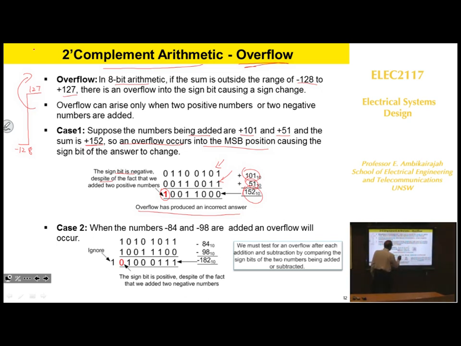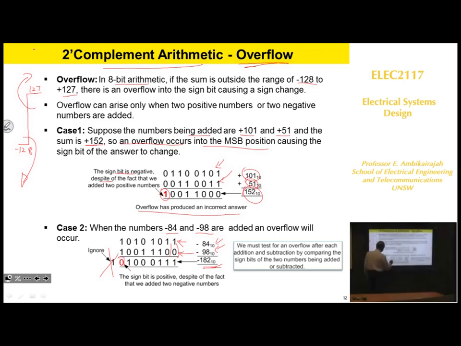Now you take two negative numbers, minus 84 and minus 98, and you add them in decimal. We know it's minus 182. Minus 182 is outside the range, so that's also overflow. So let's write down minus 84 and minus 98 and add them in the normal addition technique. You ignore the ninth column; in 2's complement, you don't touch the ninth column.